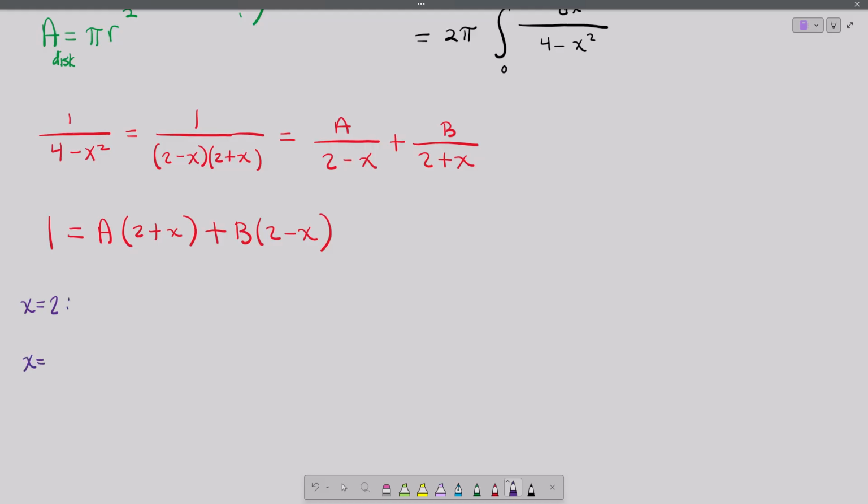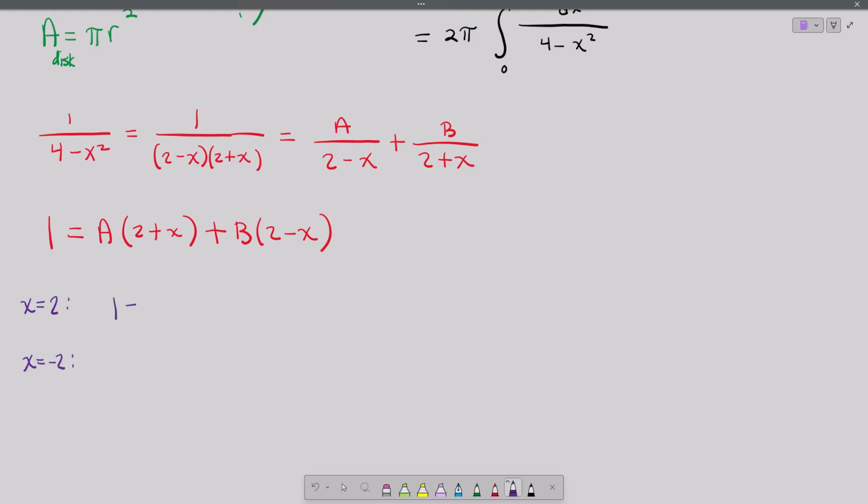The zeros of the denominator are 2 and negative 2. So we'll choose those. This equation, there's no division here. This equation is defined for every x value. There's no division by 0. So we can plug in whatever we want. We're going to choose 2. And then we're going to choose negative 2 because that will cause zeros.